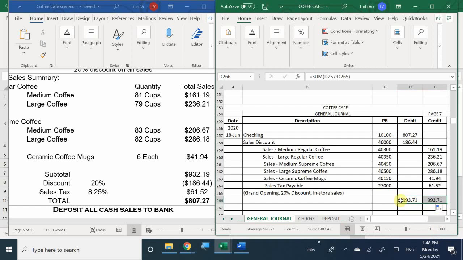Awesome. So I got 993.71 on both sides. Okay, good. And that's how we use Excel to make our accounting a lot easier.